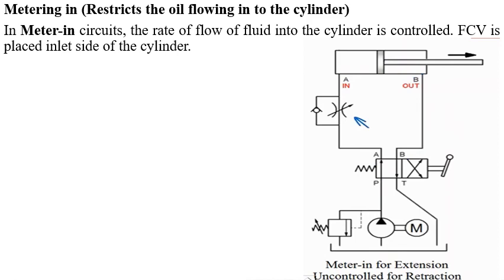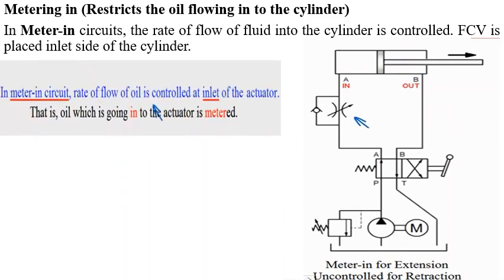In other words, the fluid entering the blank end of the cylinder is metered in. In a meter in circuit, the rate of flow of oil is controlled at the inlet of the actuator. That is, the oil going into the actuator is metered. What will happen during the extension stroke and retraction stroke? Let's go and see it.